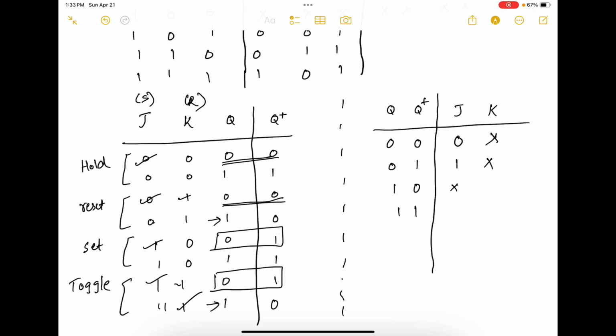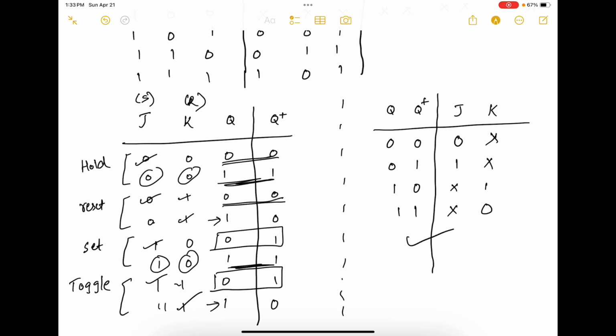Sorry, 1 and 1. So it's 1. Similarly, when Q is 1 and Q plus is 1, which is this combination and this combination, J is 0 and 1, so it's don't care, and K has to be a 0, which is this and this.